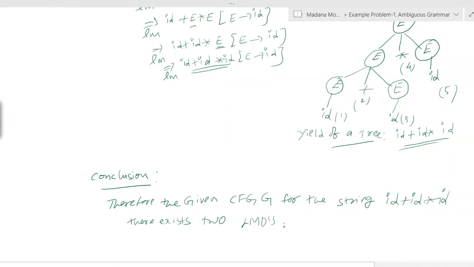Therefore, the given CFG G is ambiguous grammar. So this conclusion you have to write. This is the solution.